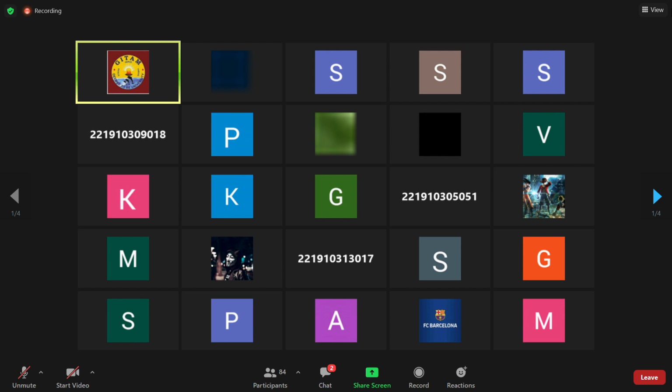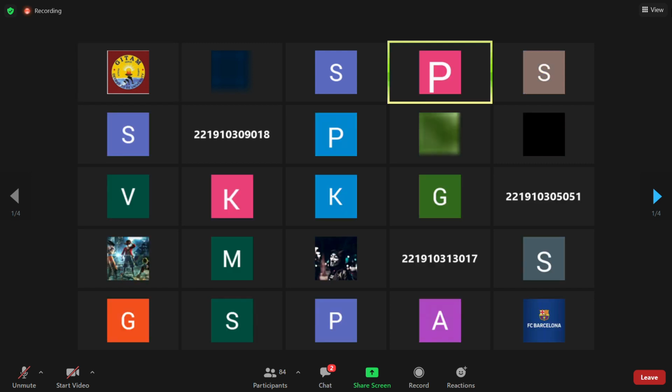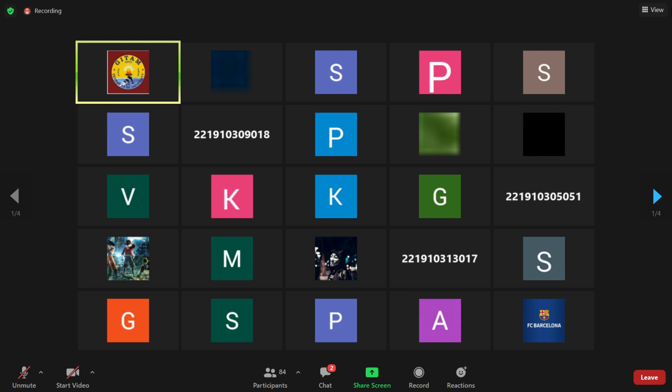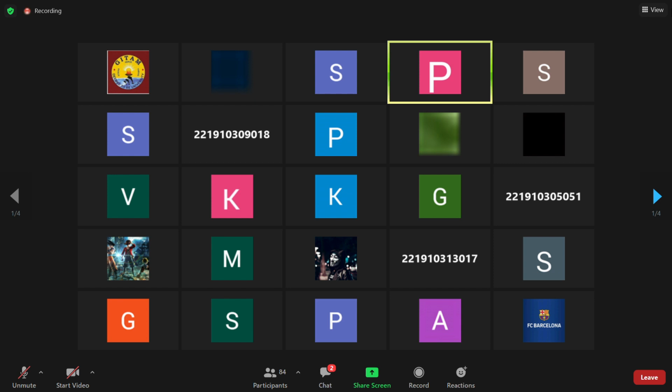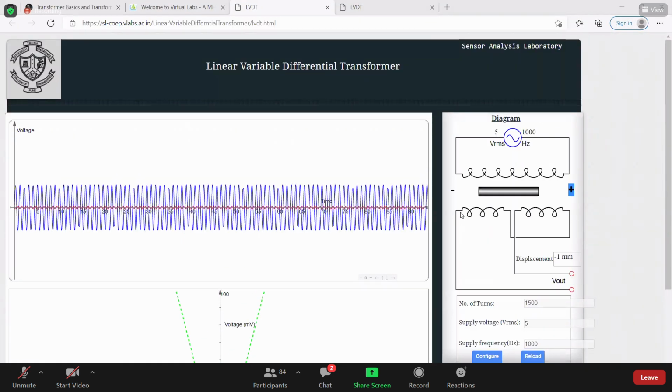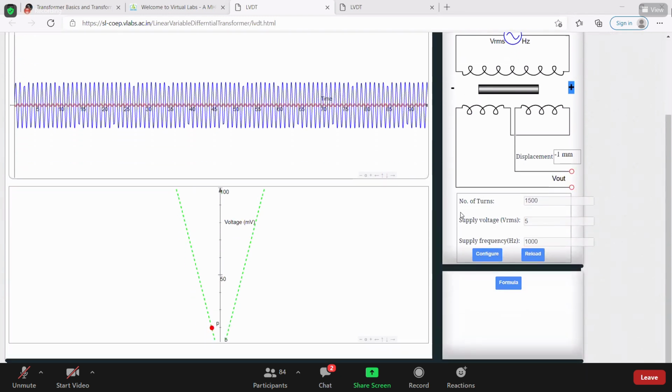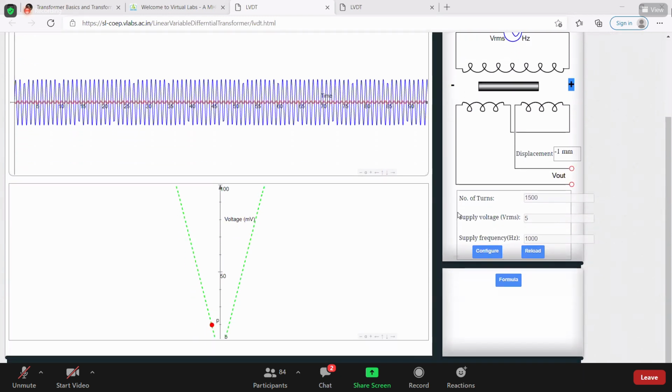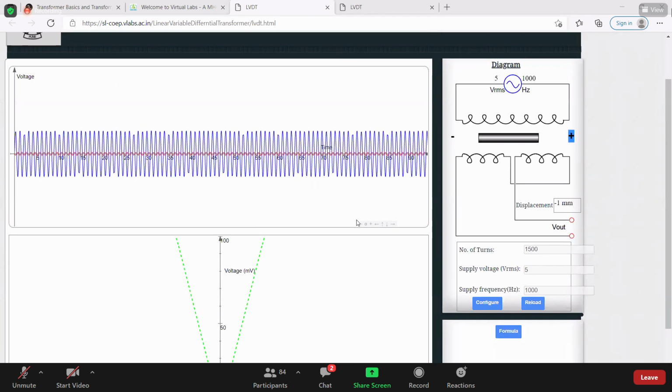Yes, CSC 537. Yes, sir. Share your screen. Change input voltage as 7.